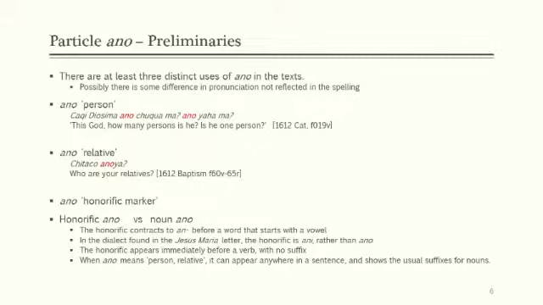In the dialect in the Jesus Maria letter, the mid-17th century letter, this honorific is spelled ani, A-N-I, rather than A-N-O. But ano, meaning person, continues to be spelled A-N-O, I believe, in that document. The honorific appears immediately before a verb with no suffix, but mostly nouns in this language tend to have suffixes. So when it means person or relative, it almost always has some suffix on it.